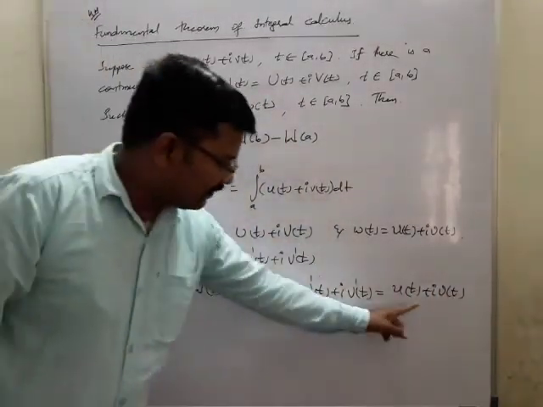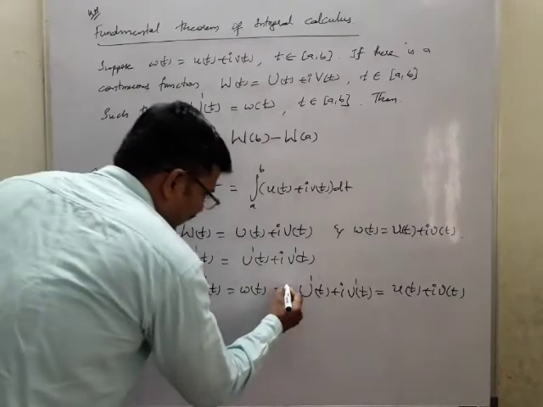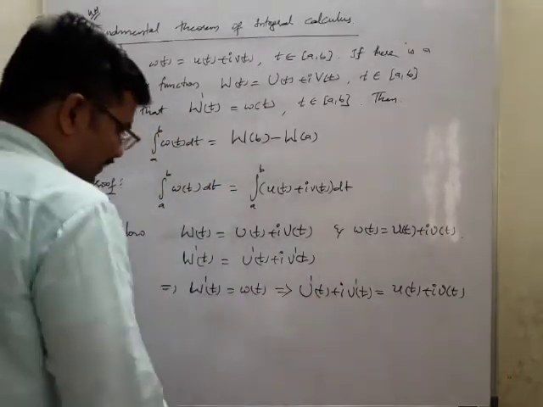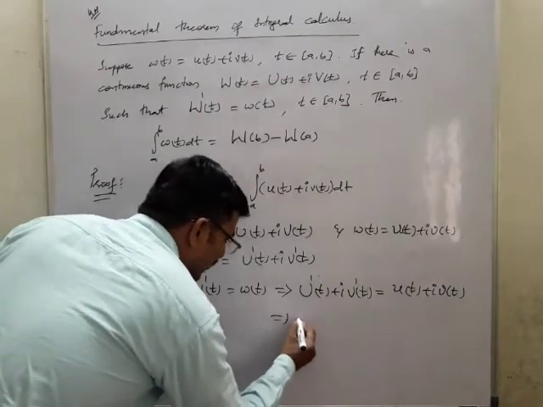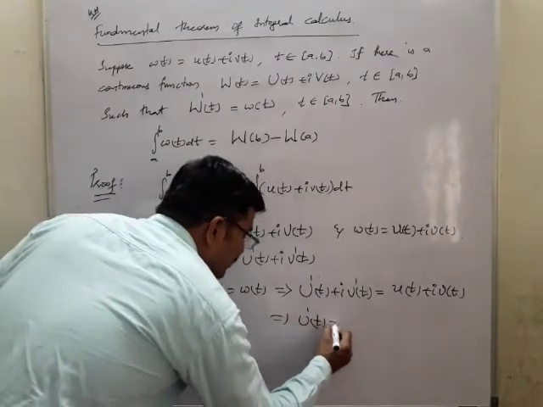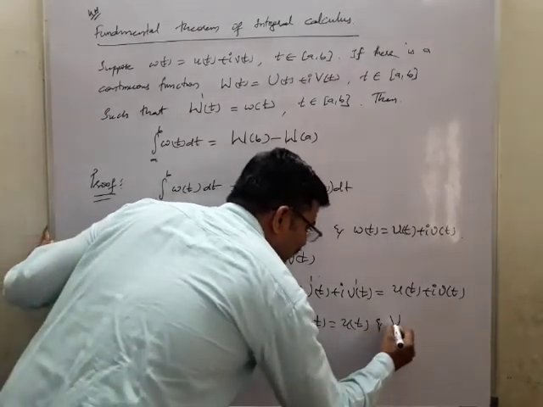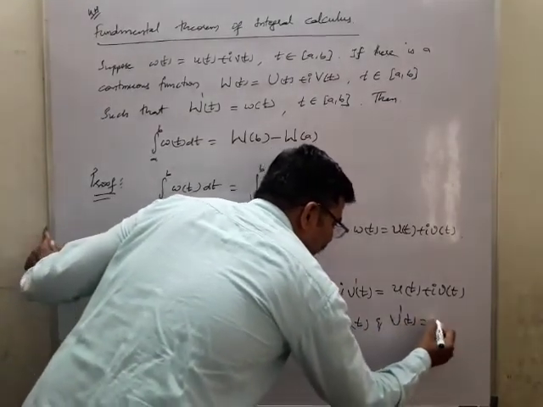Now equating the real and imaginary parts, you will get u'(t) = u(t) and v'(t) = v(t).